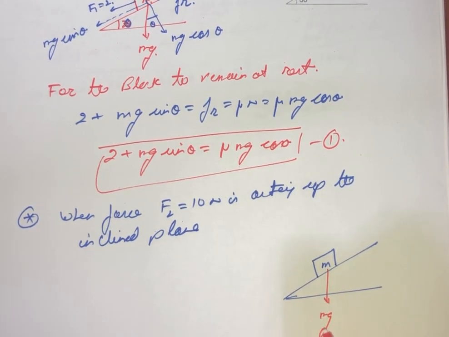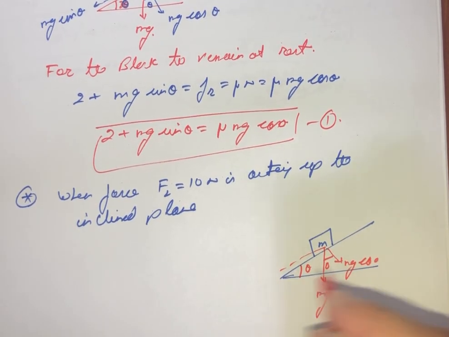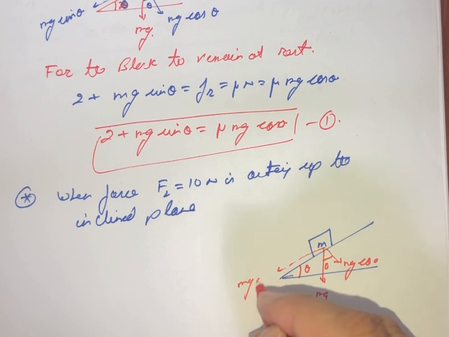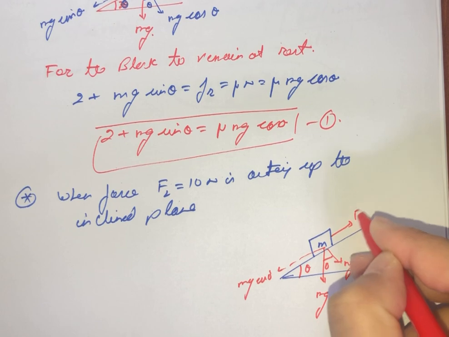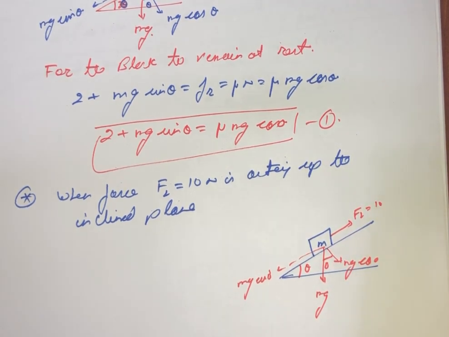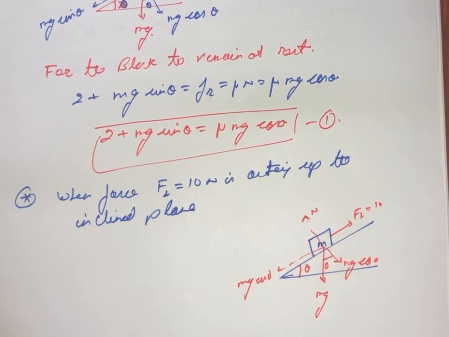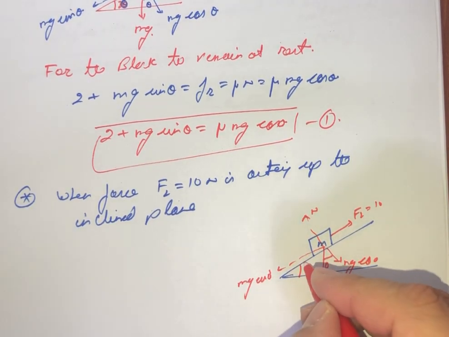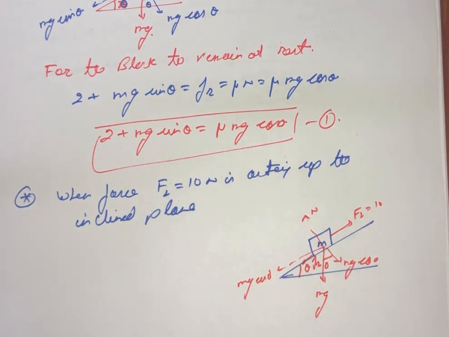We have mg, angle is theta, we have mg cos theta and mg sin theta, and force F2, which is 10 Newton, is acting up the inclined plane, and there will be normal N. So there is a frictional force Fr which will be acting down the inclined plane.